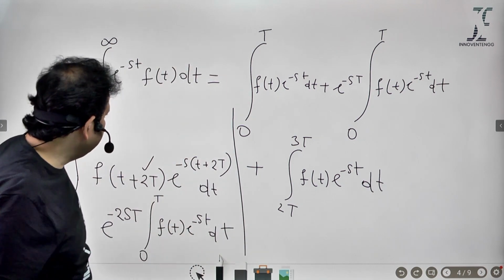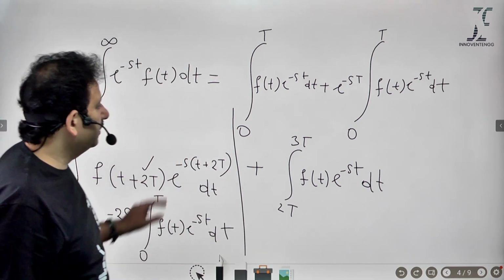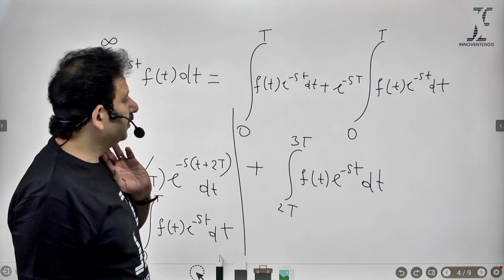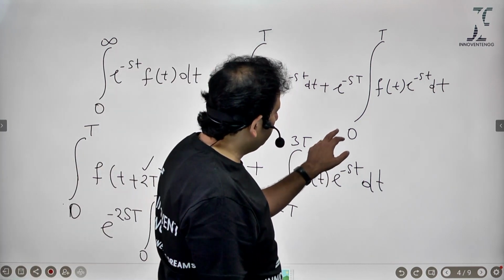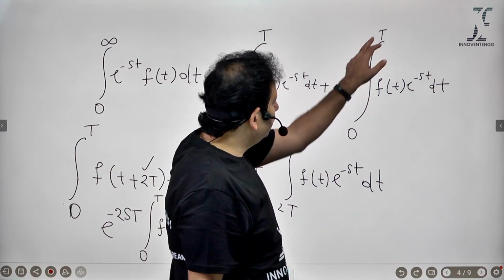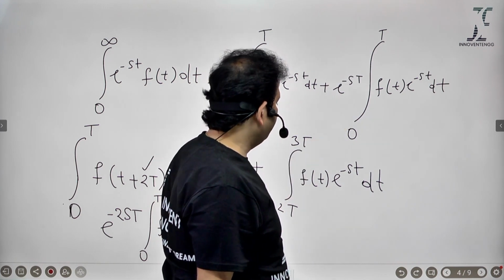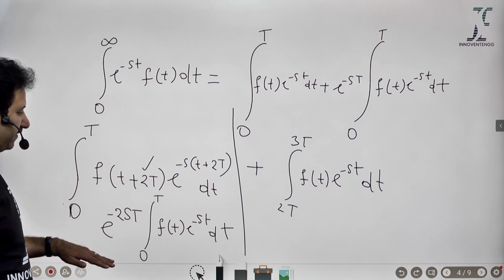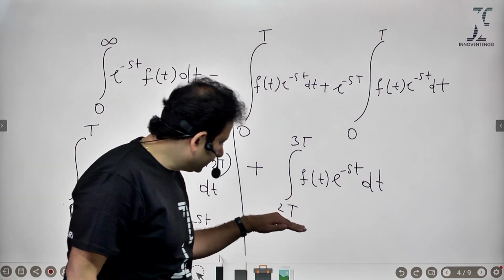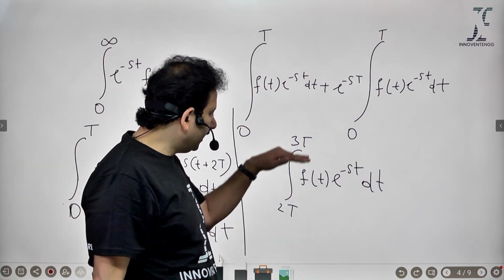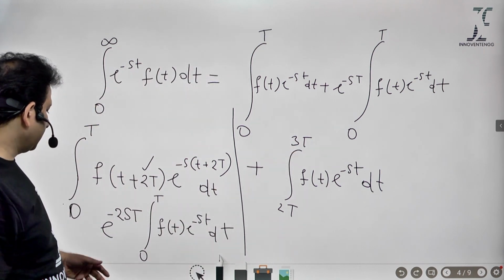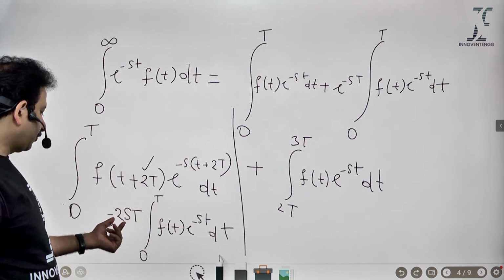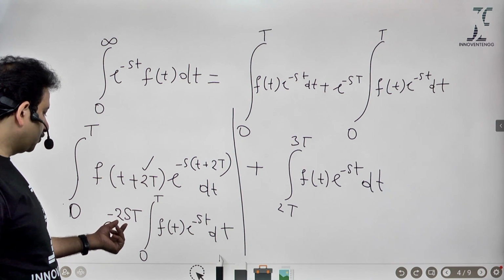And you can see that we have shifted the period for every other integral. The integral which had the limits from 2T to 3T in fact has this coefficient. And if you observe carefully, we have also deduced that if the integral had the limits T to 3T, then it will have a coefficient of e power minus 2sT.